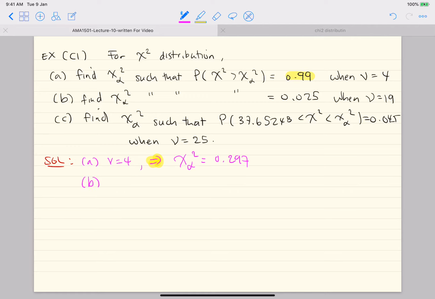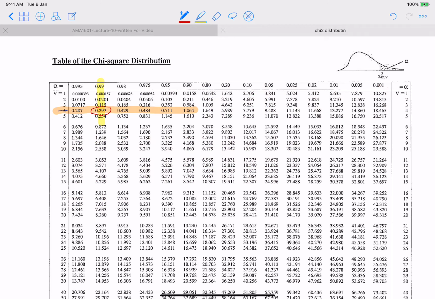How about B? Find chi alpha squared such that, again, the probability that chi squared is greater than chi alpha squared is equal to 0.025 when the degrees of freedom is equal to 19. Now let's look at the chi-square distribution table. Look for 19 degrees of freedom. It's right here. Go across.